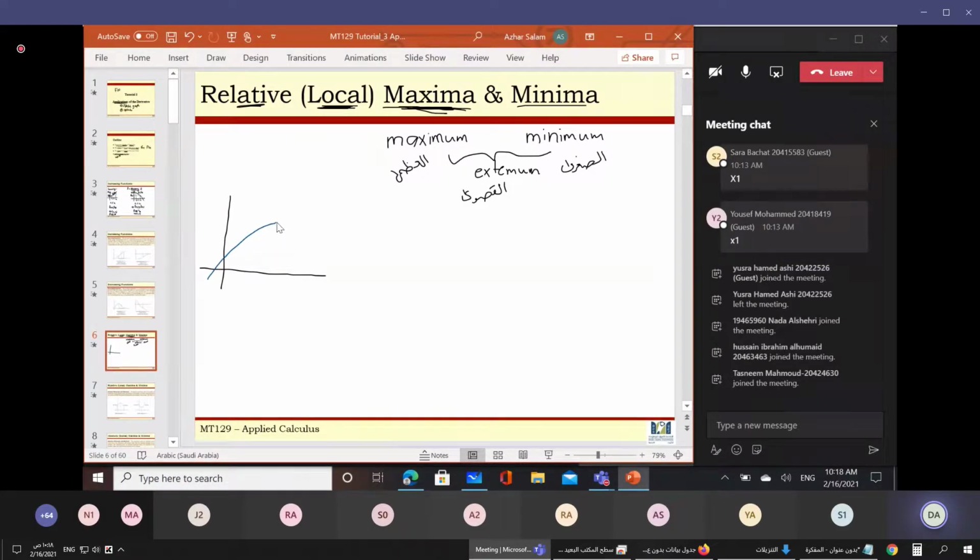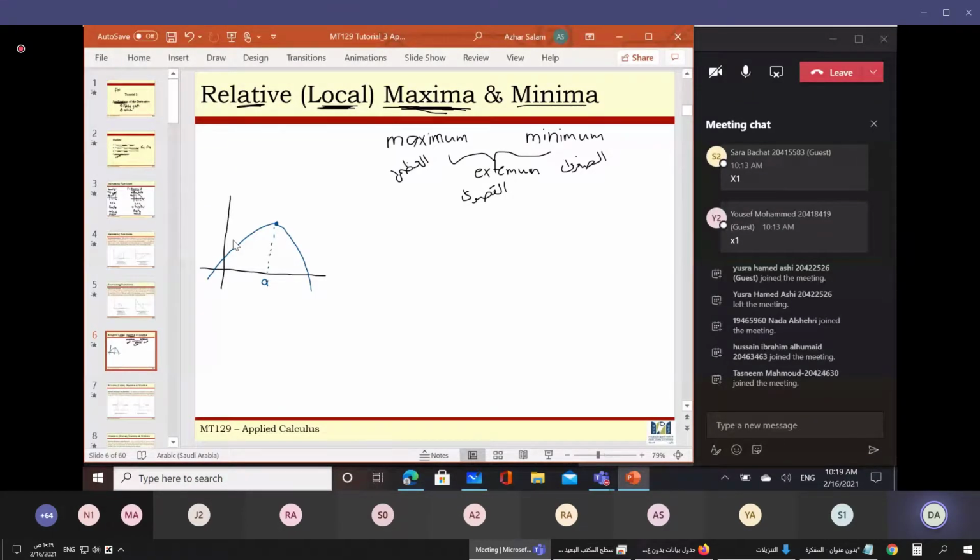But at some point, let's say here, it changes direction and goes down like that. Okay? So here, let's say that this point is A.